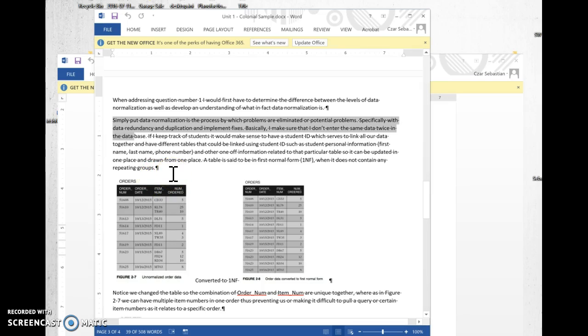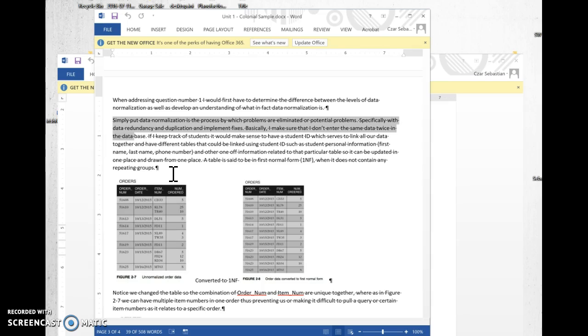And the idea behind that is, for instance, if I'm running a university, I'm going to have my student entered multiple times. If every time I enter my student, I have to put in the first name and the last name and all the personal information of the student, especially when I was doing, let's say, student schedules, well, if I had to enter that all in, I would have multiple instances of first name and last name.